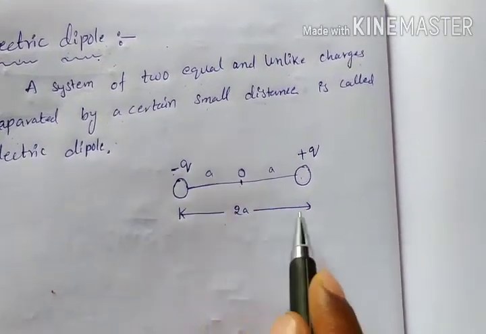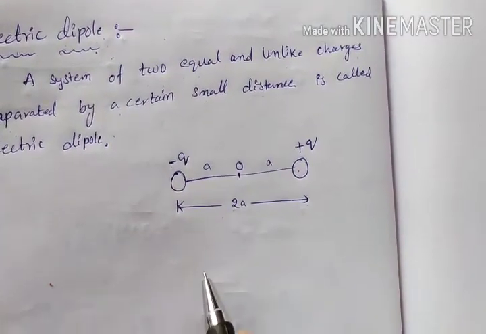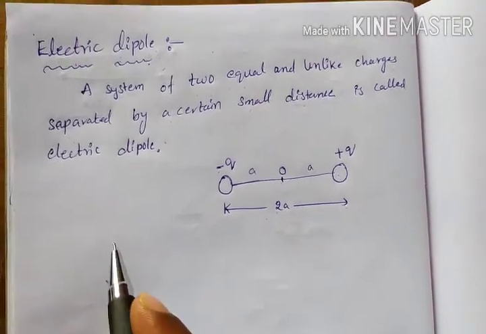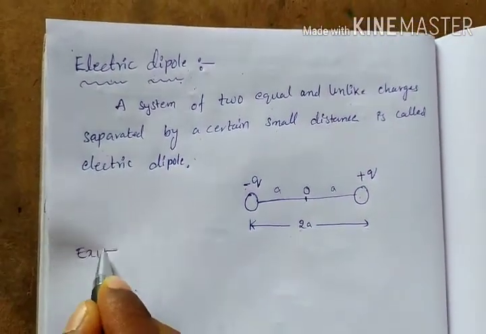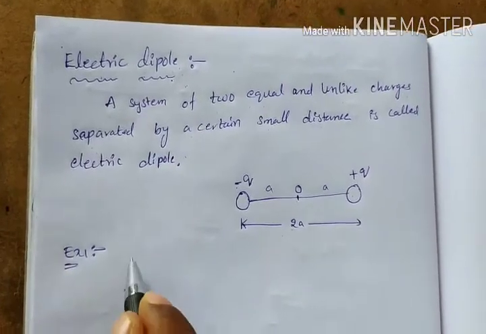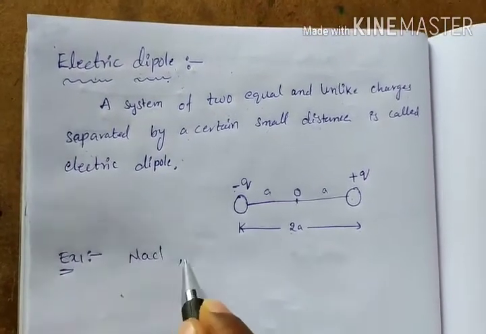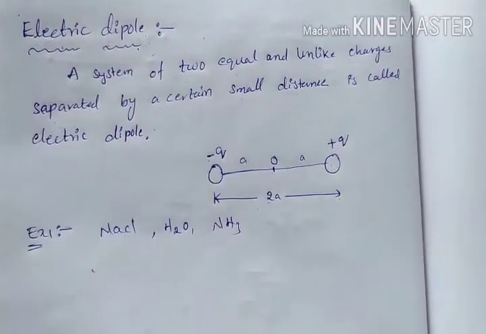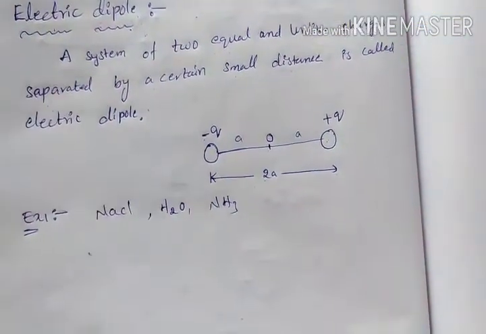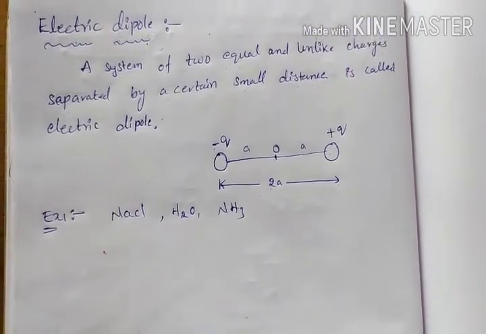The total effective distance is 2a. Similarly, examples of electric dipoles are NaCl, H2O, ammonia NH3.